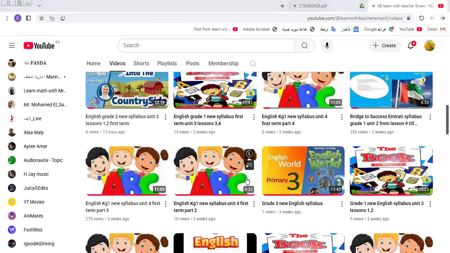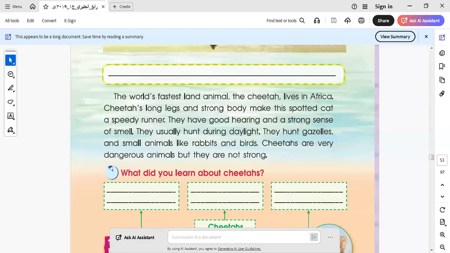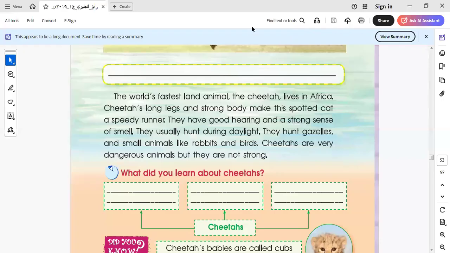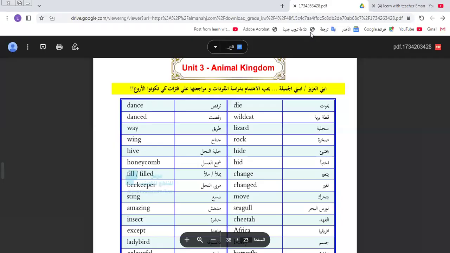Let's go to our review today. Today I will make a quick review on the lesson that we took before, which is Unit 3, Animal Kingdom.